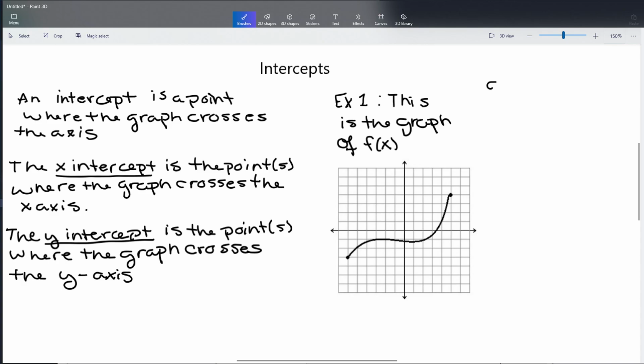The first thing we're going to do is find any x-intercepts, and then second, we're going to find the y-intercepts.